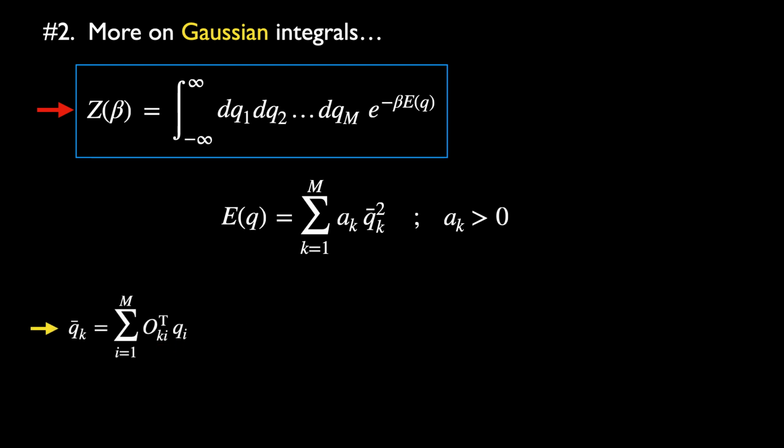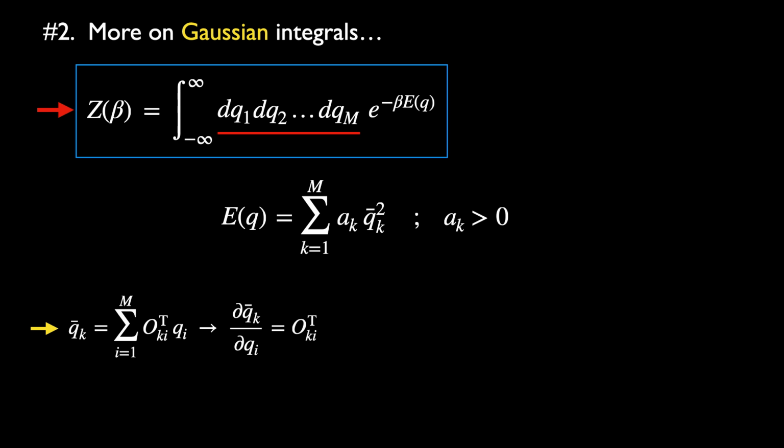Now we need to work out the integration element in terms of these new variables. That is, we need to calculate the Jacobian of the transformation. This result turns out to be trivial. The Jacobian matrix is the partial derivative of the new variables with respect to the old, and this is just equal to the matrix O transpose.